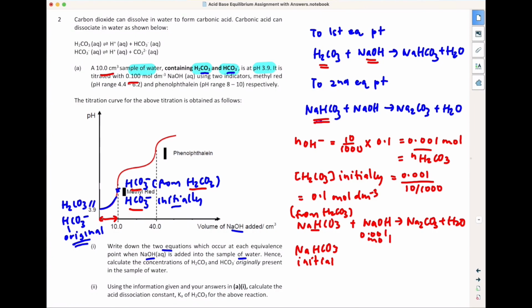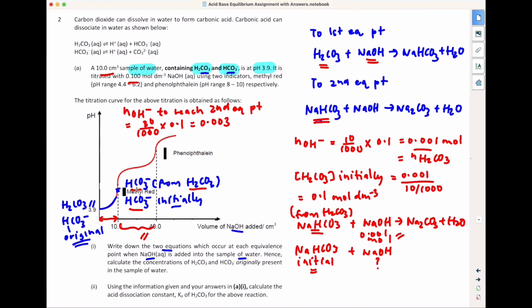Can you see that? And the initial one will require how much? Actually, you can tell: if I calculate the number of moles of OH minus to reach the second equivalence point, it equals 30 over 1000 times 0.1, which is 0.003. But 0.001 was used to neutralize the NaHCO3 from the H2CO3.